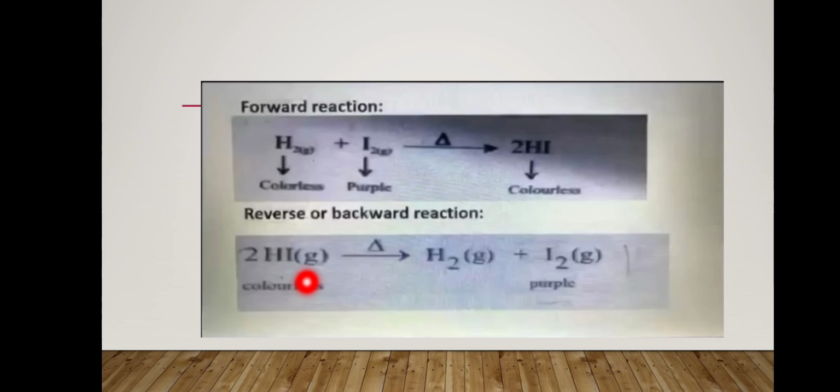In this case, hydrogen iodide acts as a reactant and produces hydrogen and iodine vapors. This reaction is the reverse of the above. Therefore, it is called a reversible reaction.